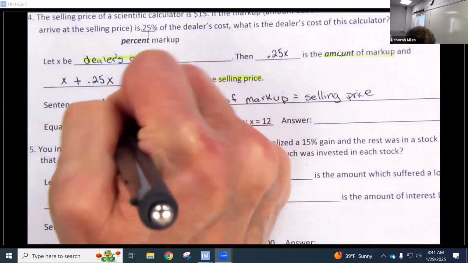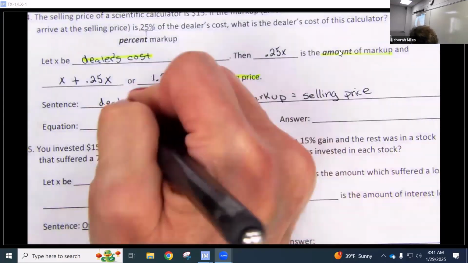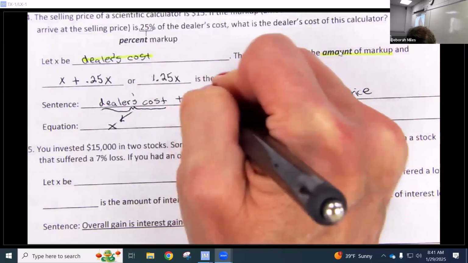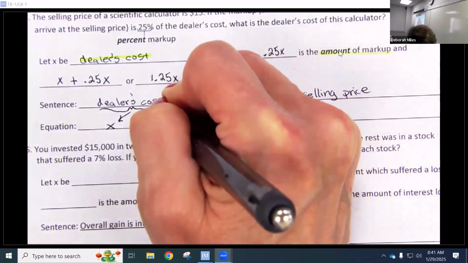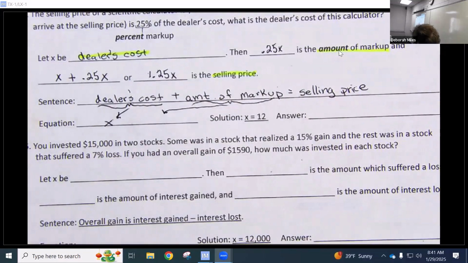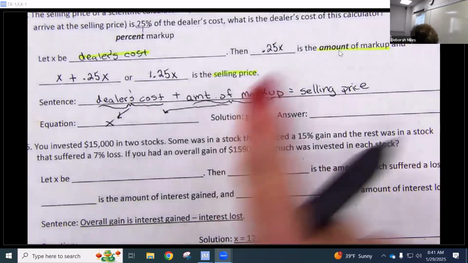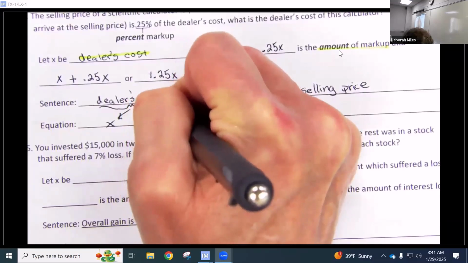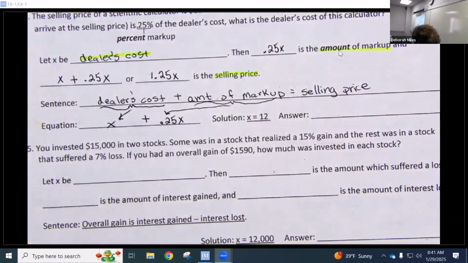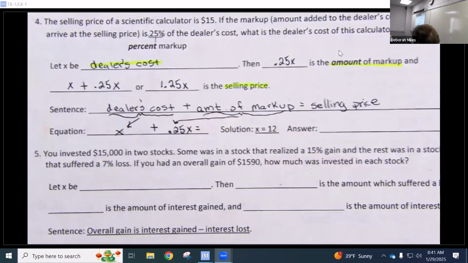Dealer's cost is just X. What am I going to put in place of amount of markup? I already have it labeled. 0.25X is the amount of markup. So X plus 0.25X equals what?